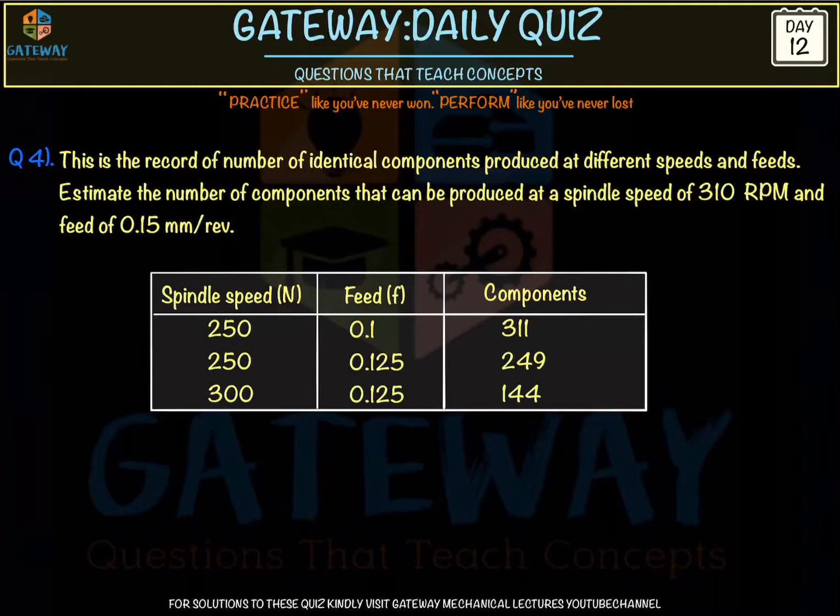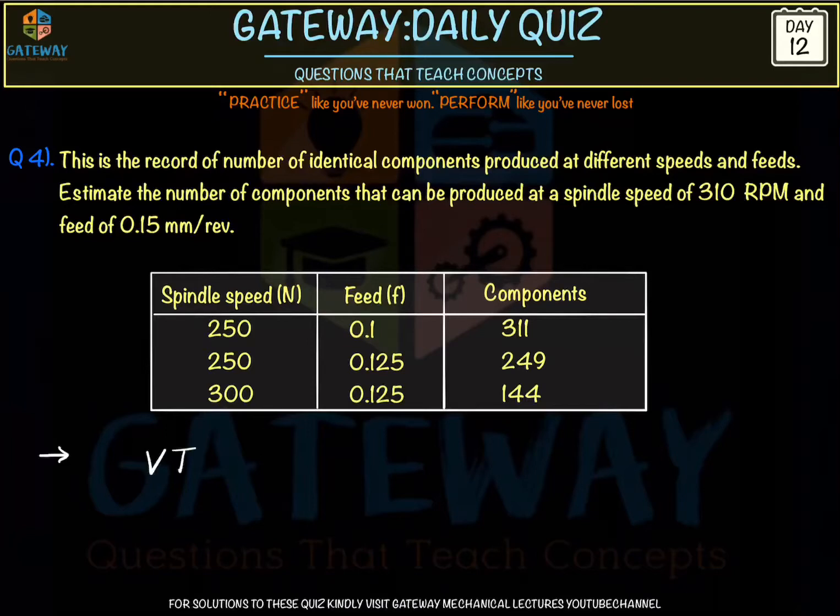So here there was a table at every spindle speed and every feed with some tool. With some component they are producing 311, 249 and 144. These are the given. So we'll use the Taylor two-life equation when the feed and depth of cut were not constant.